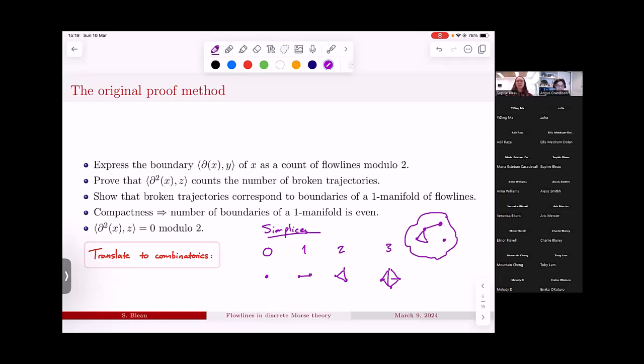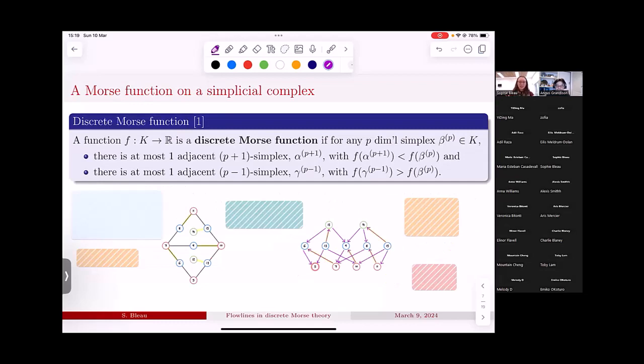But this is a simplicial complex. A discrete Morse function is how we're endowing our function on this discrete version of a manifold. So how do we make a function on a simplicial complex? Well, what we do is we take each individual simplex and endow it with a value. This is the slightly mucky looking definition of a discrete Morse function.